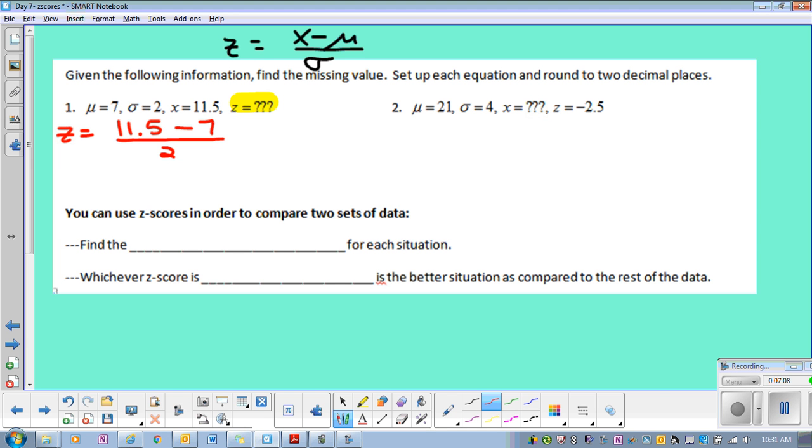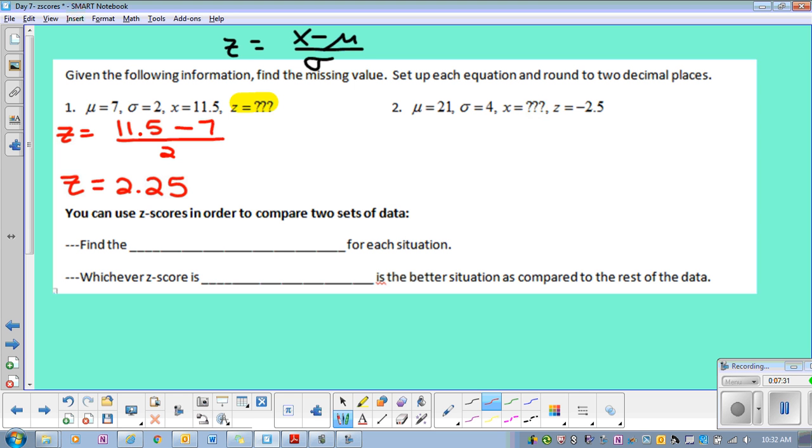All right. z equals 2.25. Good. It's nice when we're looking for the z. You just have to plug it into the formula and go.